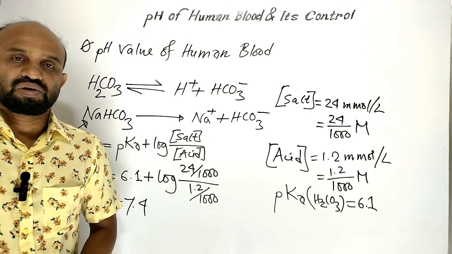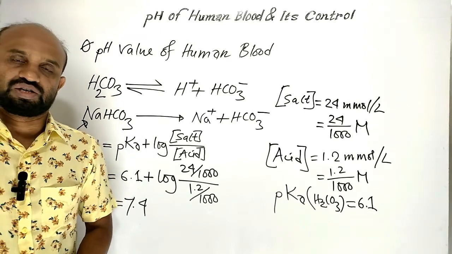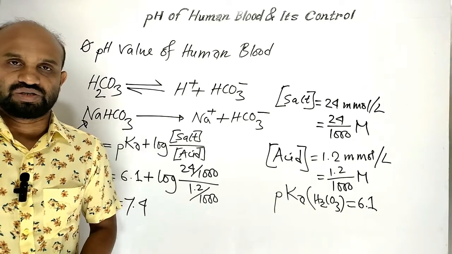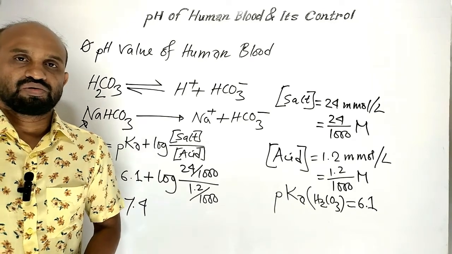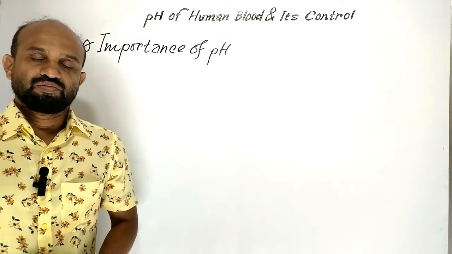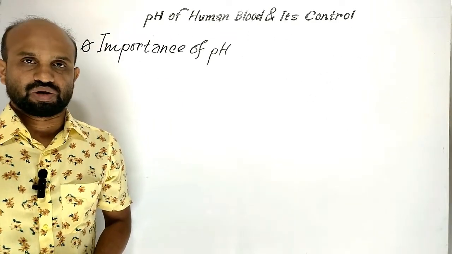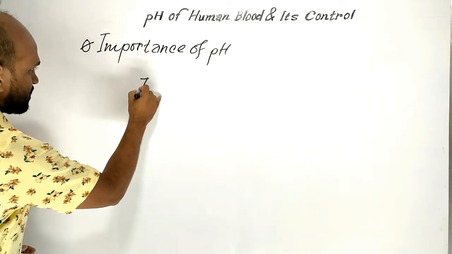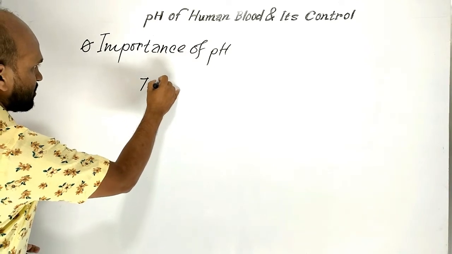What is the problem if it decreases or increases? That is importance of pH. Let's see now significance of pH. Now, importance of pH of human blood. We learned that pH of human blood is 7.4.